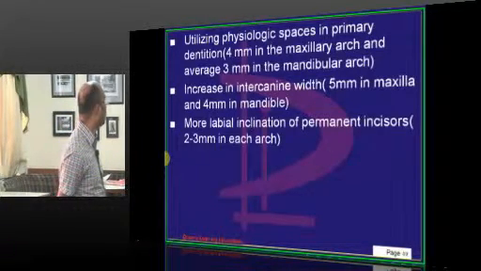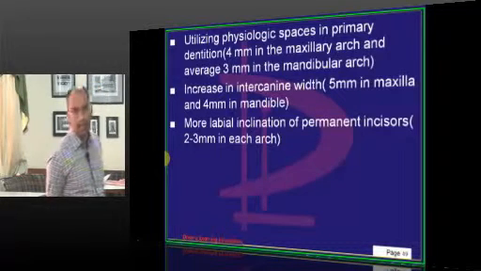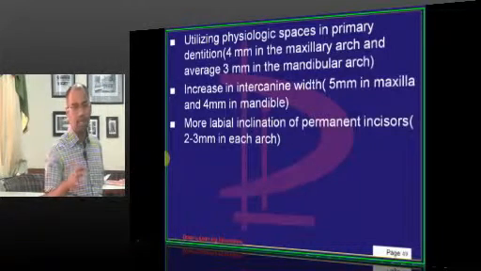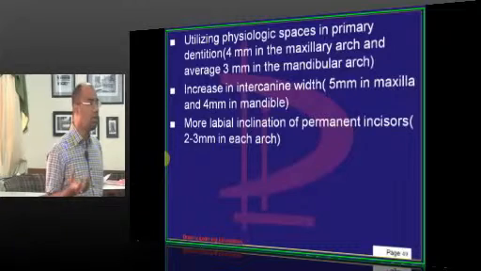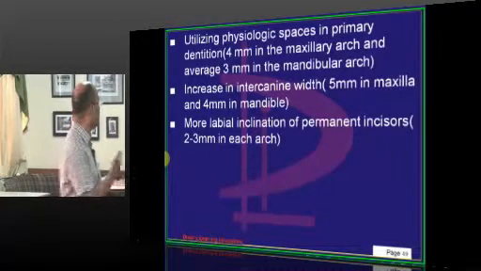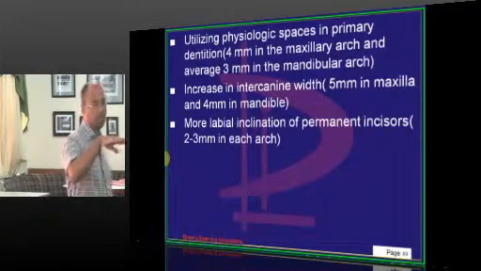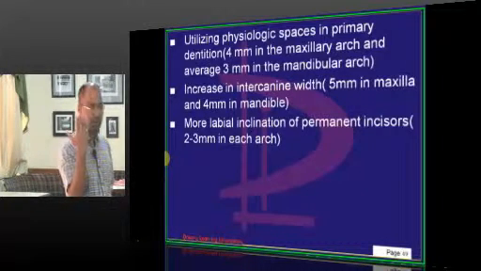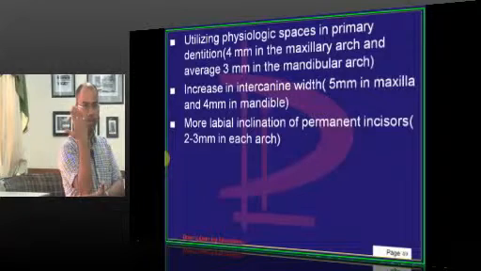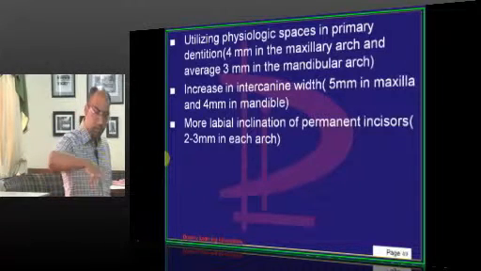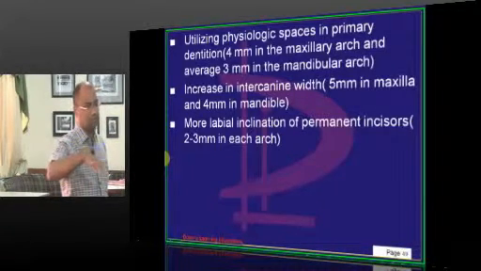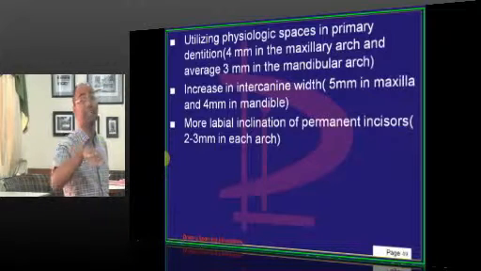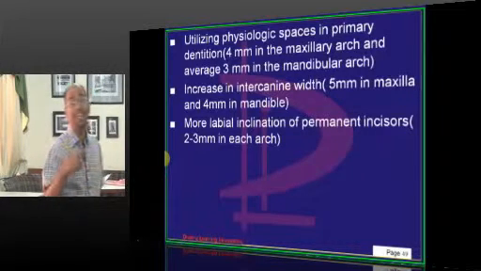The other is using the increase in the intercanine width. The intercanine width is established with the eruption of your permanent canines, and then the inclination of the permanent incisors. Your lower primary incisors are always upright to the basal bone, whereas your permanent incisors are at an inclination, labiolingually inclined.